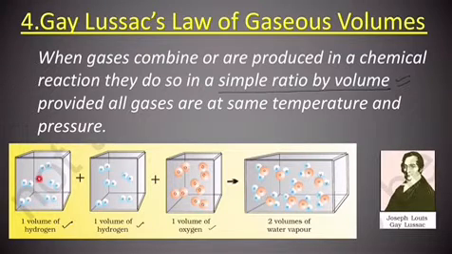See, here 5 molecules are shown for one volume of hydrogen and 5 more molecules for another volume of hydrogen. So according to this representation, 2 volumes of hydrogen are represented by 10 molecules of hydrogen. Similarly, one volume of oxygen is represented by 5 molecules of oxygen.